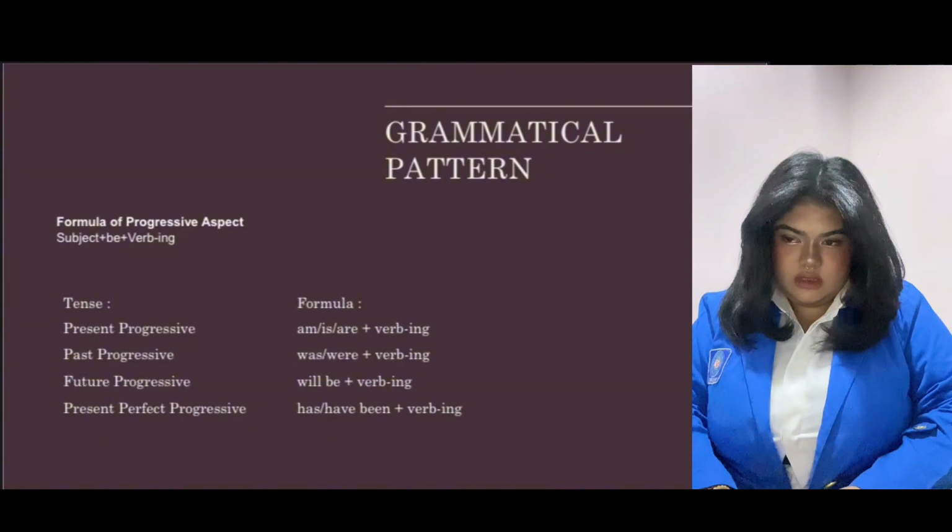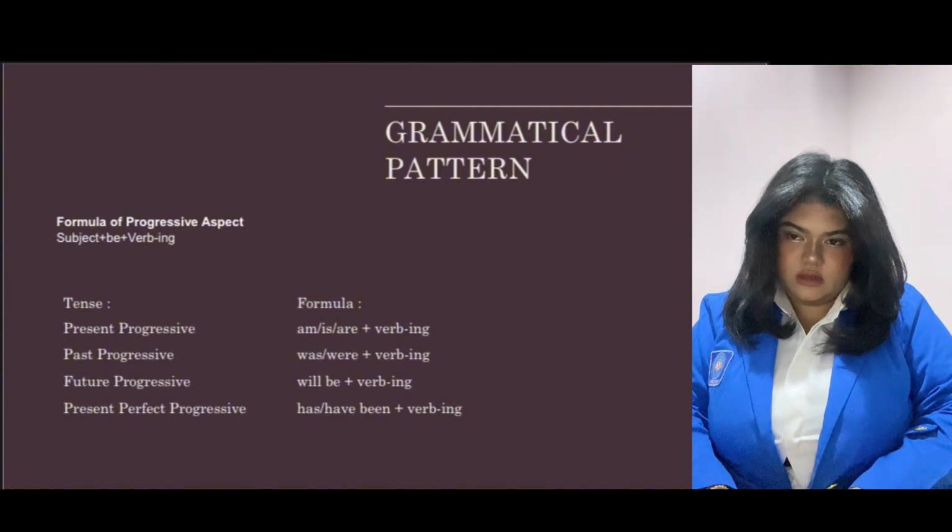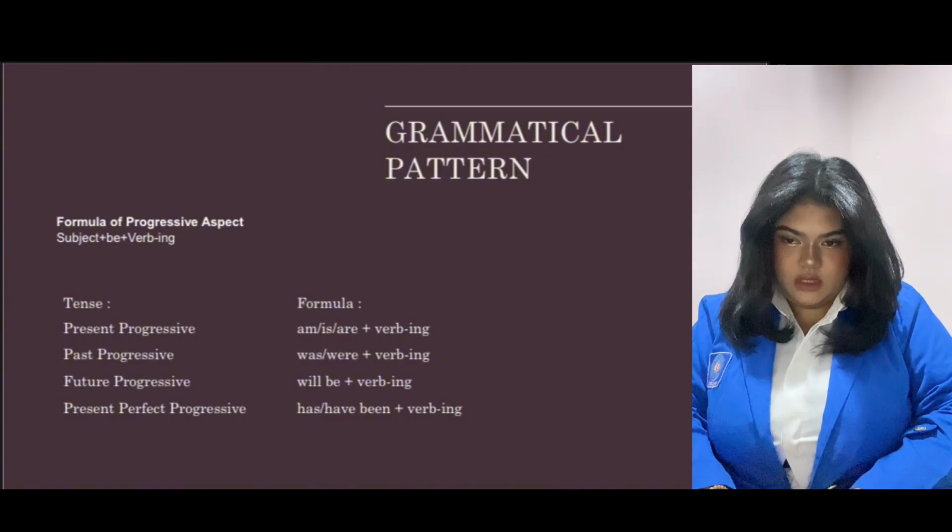The third one is future progressive; the formula is will be plus verb-ing. And the fourth one is present perfect progressive; the formula is has or have been plus verb-ing.